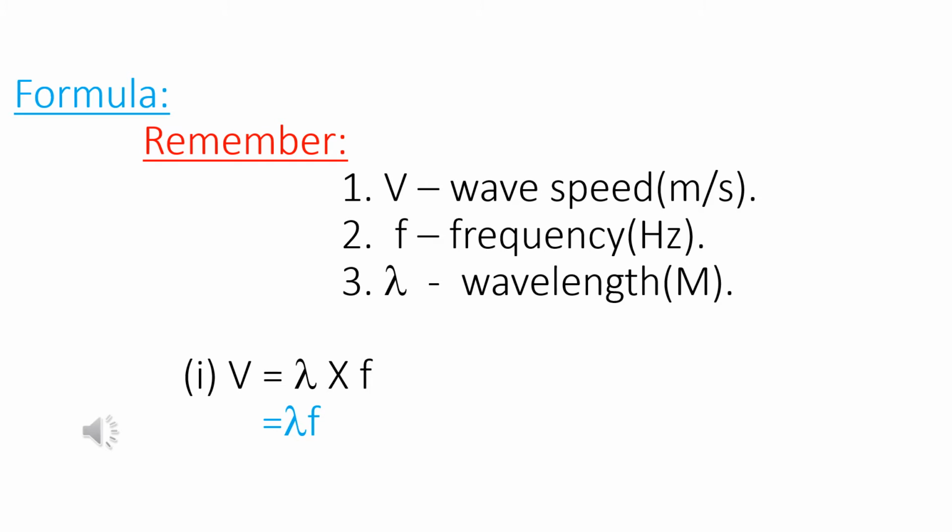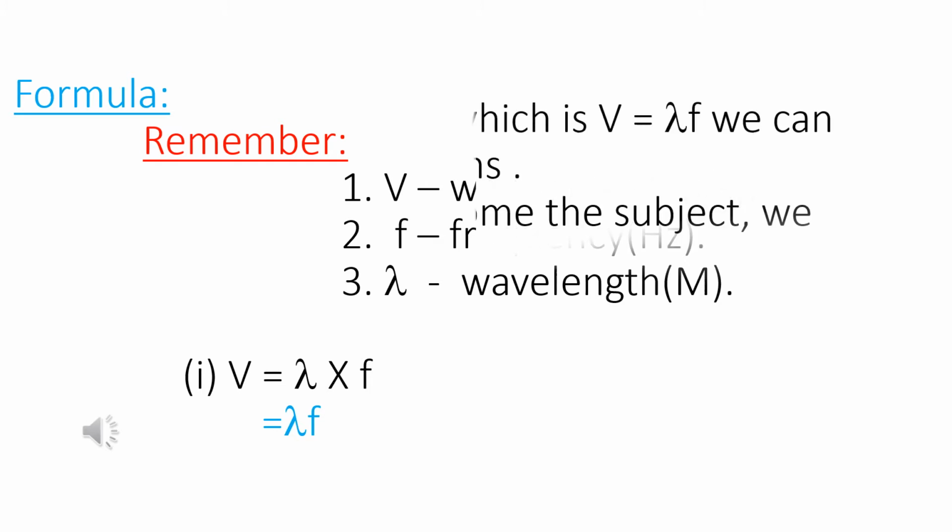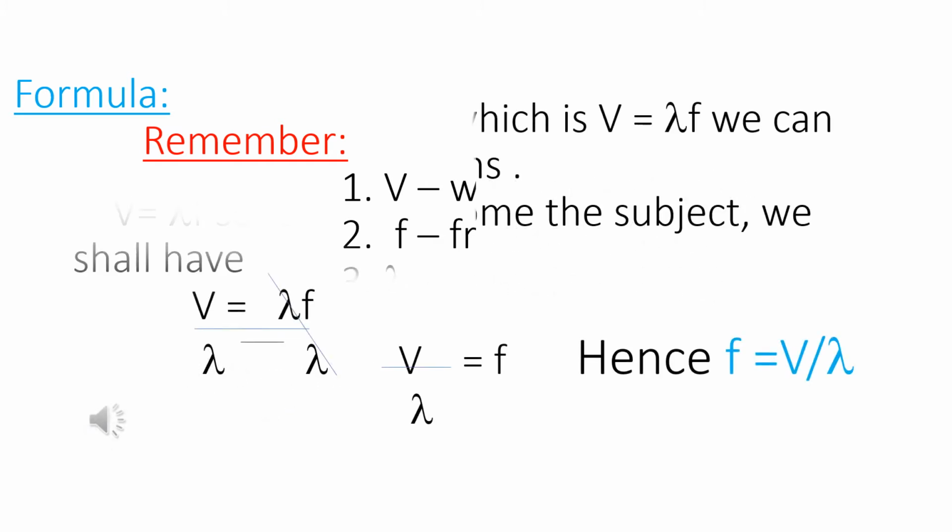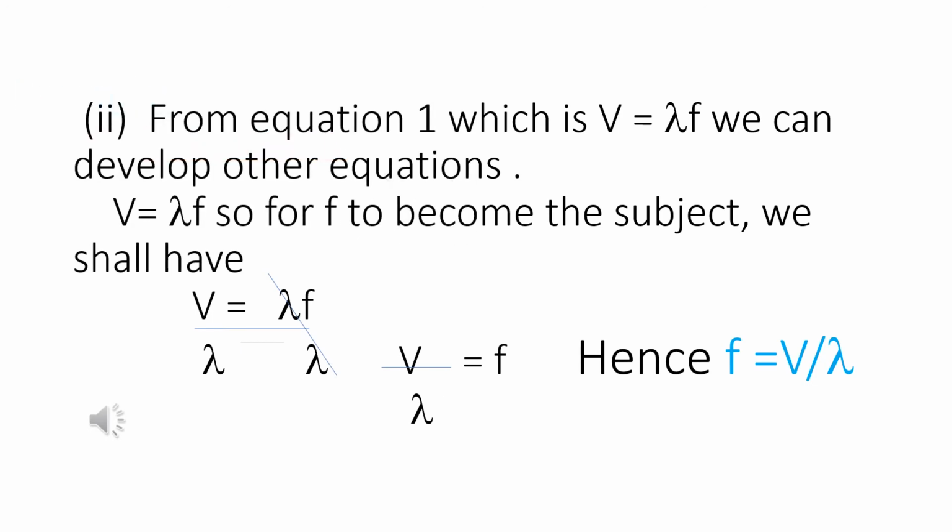So from our equation 1, where wave speed equals wavelength multiplied by frequency, V equals wavelength times f, we can make two other equations.